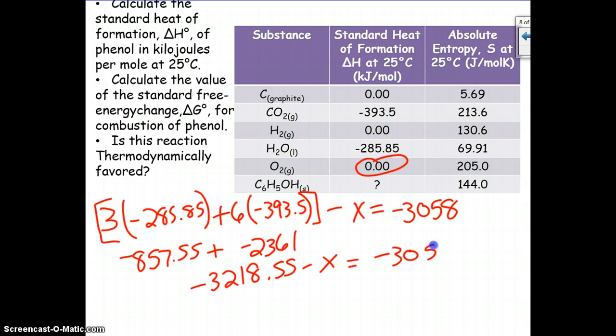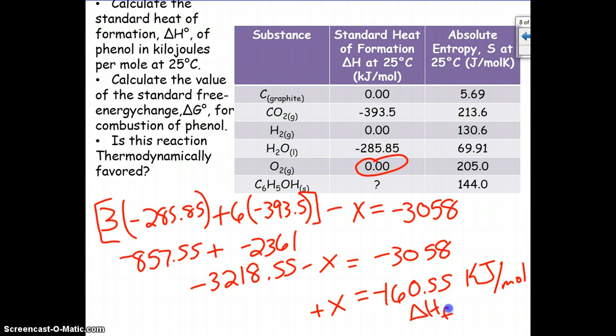And then I need to combine like terms, and I get 160.55 is equal to negative x, and then I bring my negative sign over to make my x positive, and I see that I have negative 160.55 kilojoules per mole. And that is the delta H for the phenol formation.